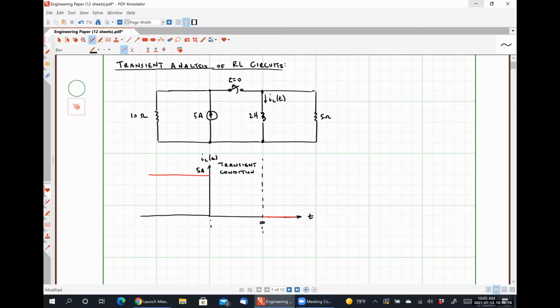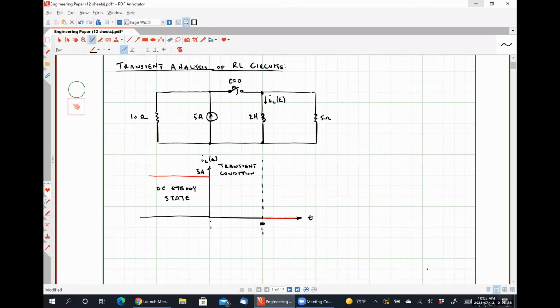So our circuit is going from DC steady state over here on the left, our transient condition occurs, and then we achieve DC steady state again over here on the right. So now it's our job to figure out exactly what the heck is happening.